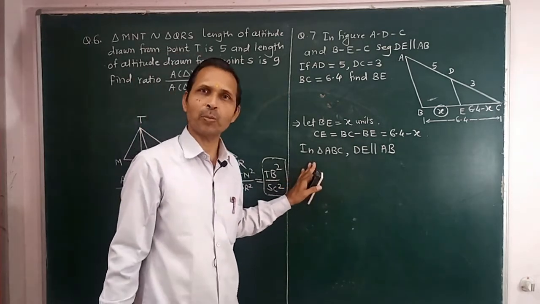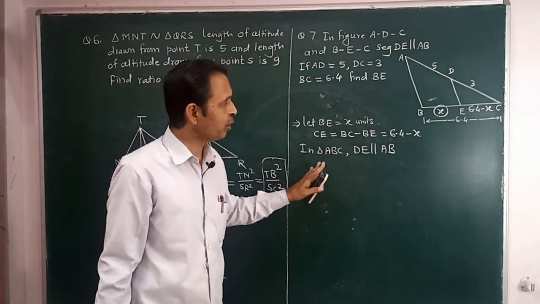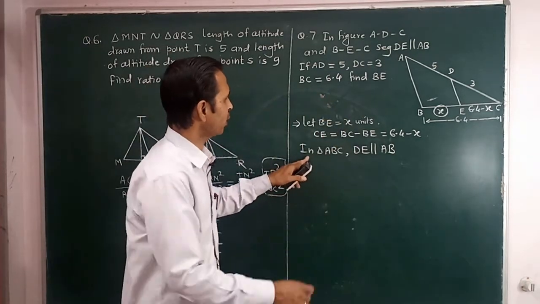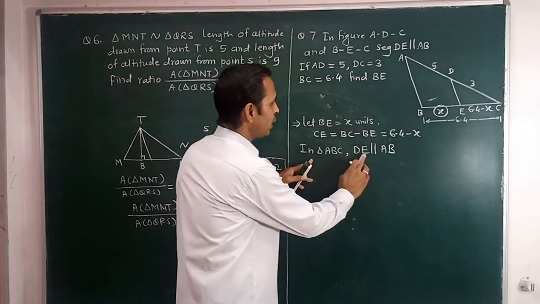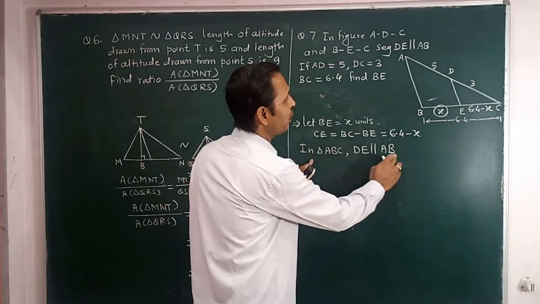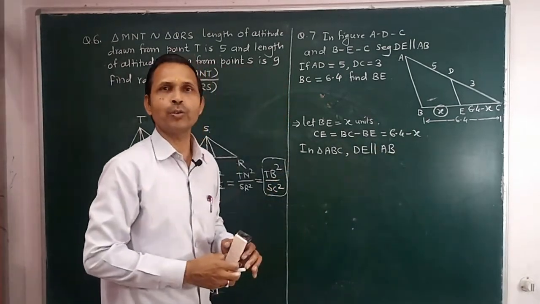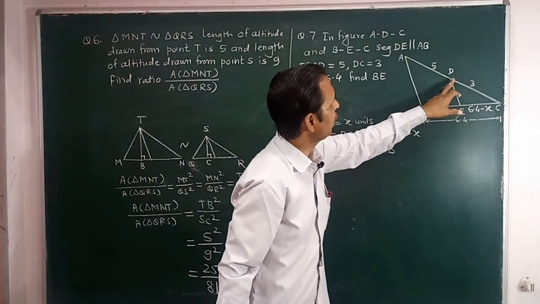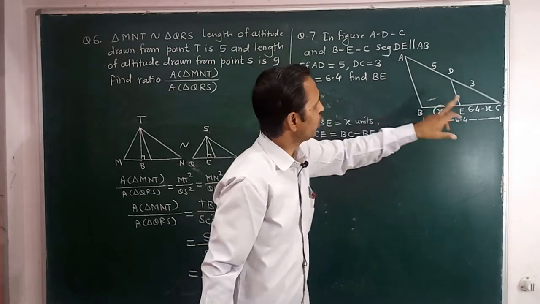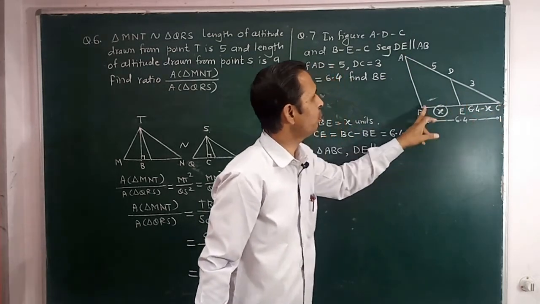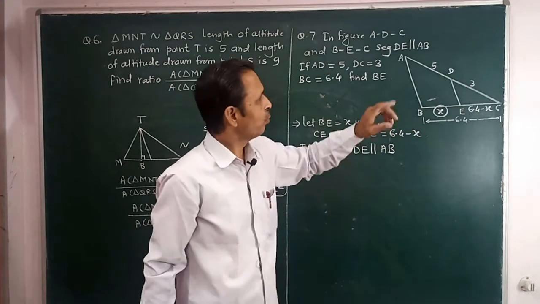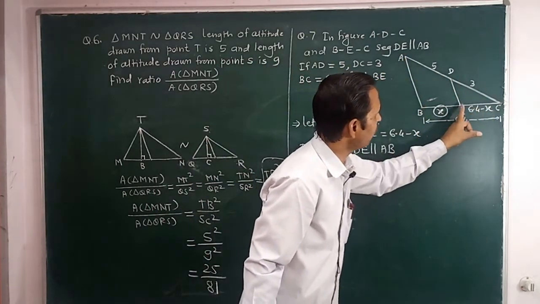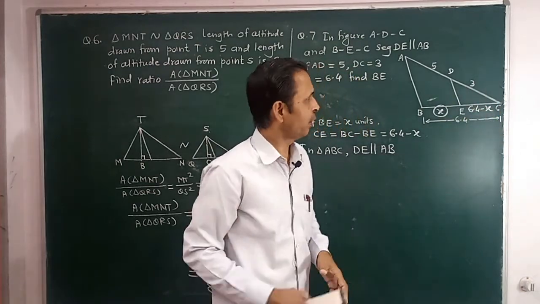This is the basic proportionality theorem, and according to it we have to write the ratios of the corresponding sides. Now this is given, DE is parallel to AB, so write the ratios according to the basic proportionality theorem. We can write the ratio CD upon AD is equal to CE upon BE. Otherwise we can write the ratio AD upon DC is equal to BE upon EC. This is also correct.